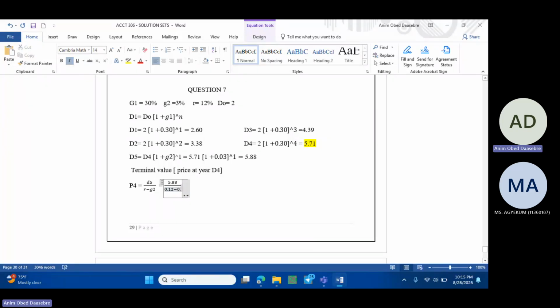Growth rate is 3%. So when you do this, you get the price at year 4, which will give us 65.37.